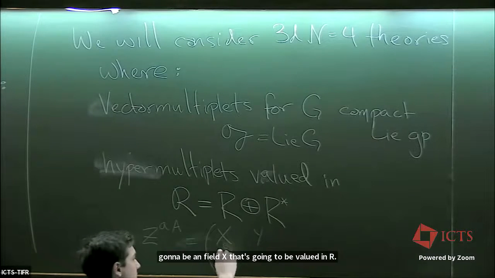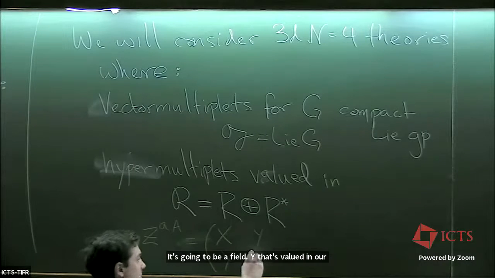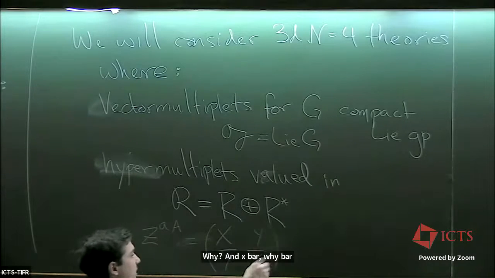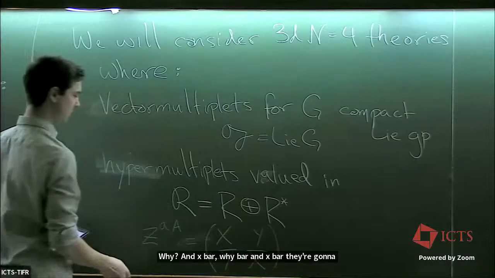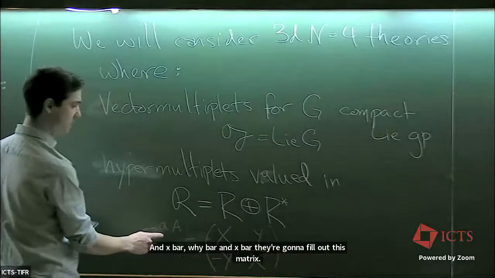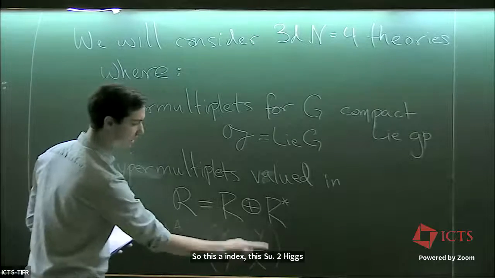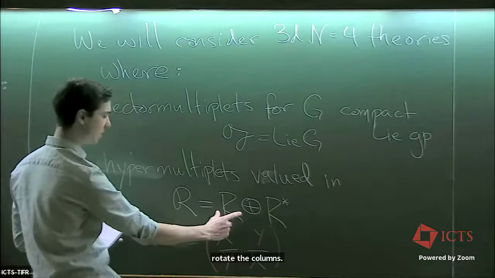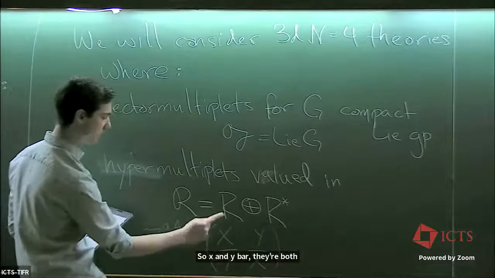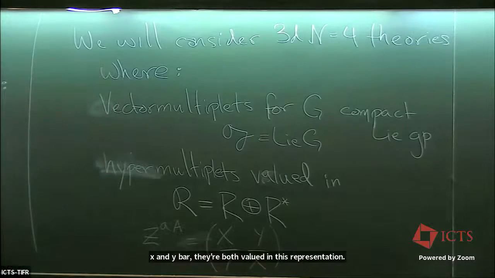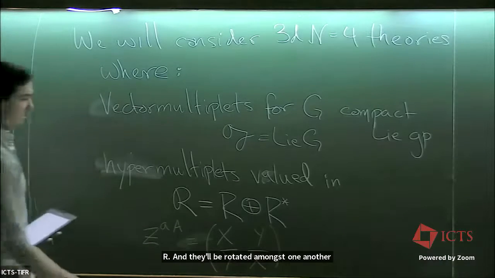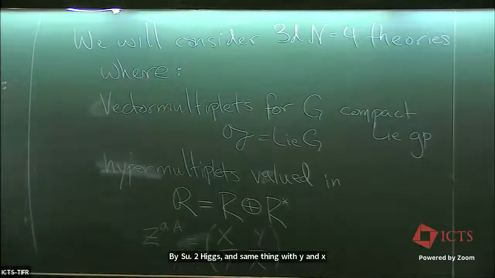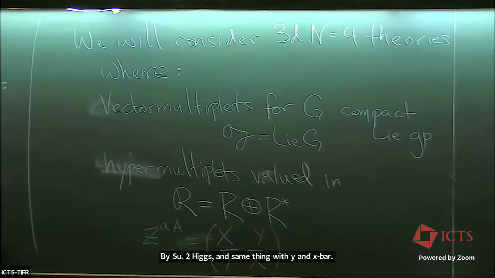And then we have the complex conjugate fields, Y bar and X bar. They're going to fill out this matrix. So this A index, this SU2 Higgs index, is going to rotate the columns. So X and Y bar, they're both valued in this representation R, and they'll be rotated amongst one another by SU2 Higgs. And same thing with Y and X bar. They're both valued in R dual, and they're rotated into one another by SU2 Higgs.